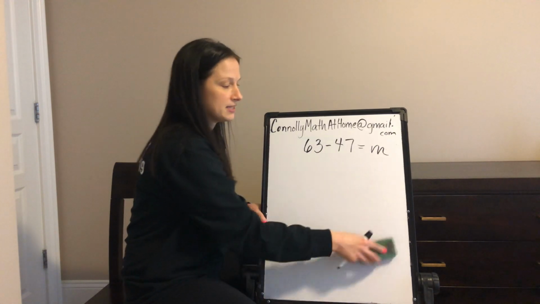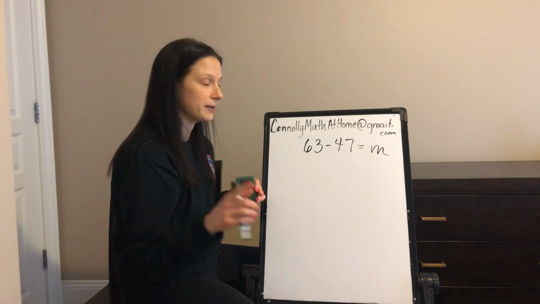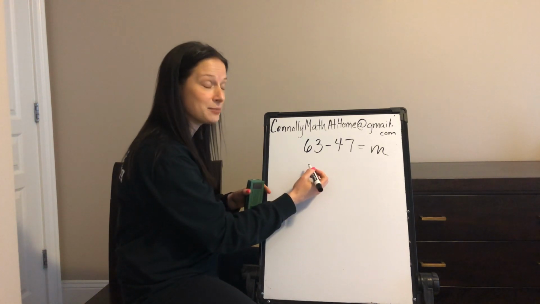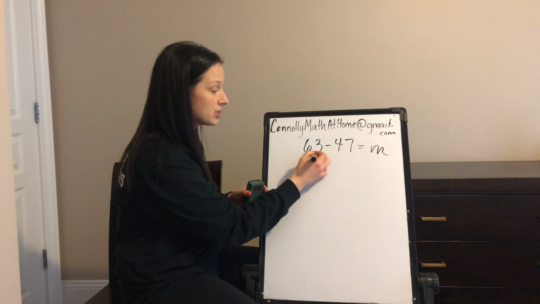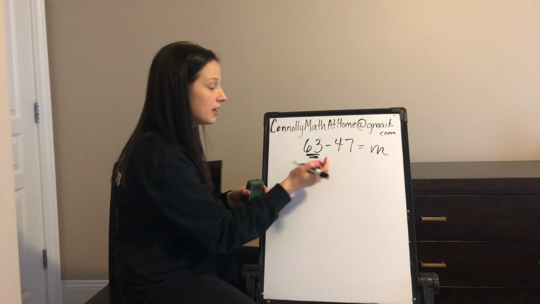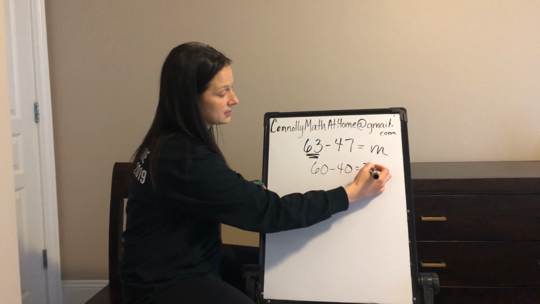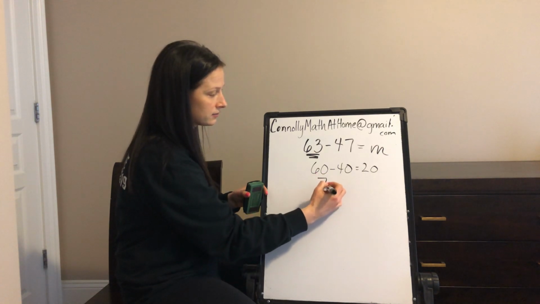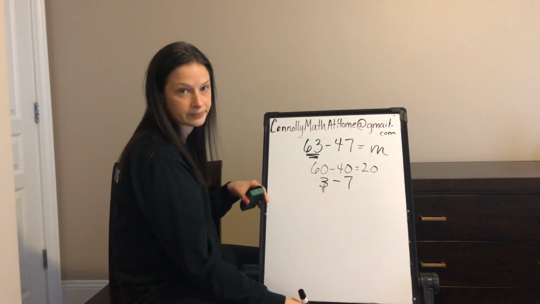One thing that they're going to be tempted to do, and boys and girls, don't do this when you're subtracting. Do not, okay? One thing they're going to be tempted to do is break both numbers apart. In that last strategy, I did not break 63 apart. I kept it whole. I kept it all together. If they try to do that, they're going to get into situations like this. 60 minus 40 is 20. 3 minus 7.